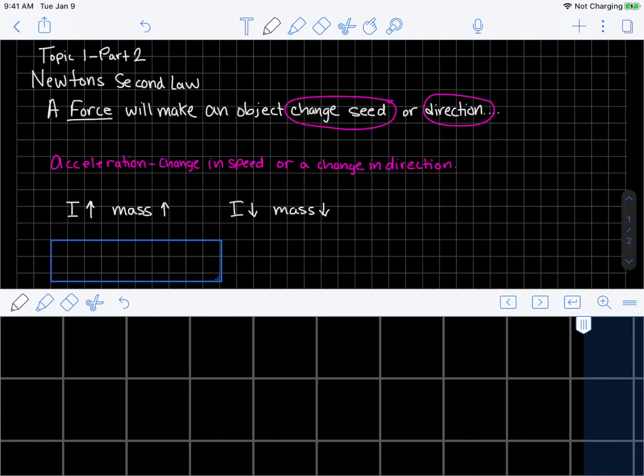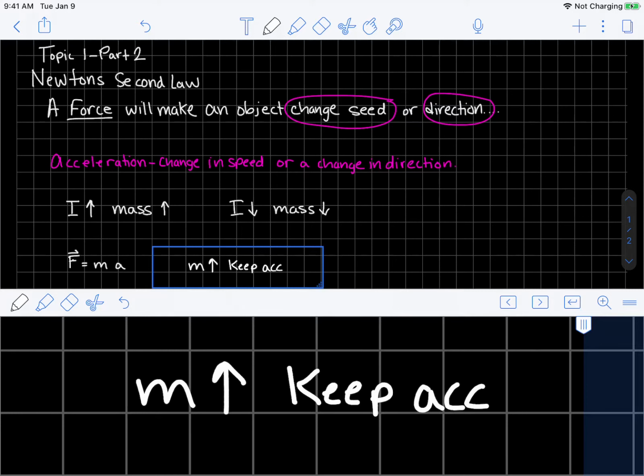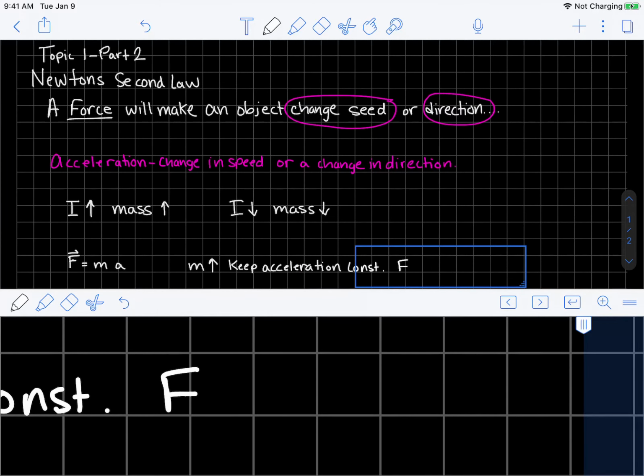So we can have a direct relationship with force here. The force of an object, because it equals mass times acceleration, if I increase the mass and I keep acceleration constant, then my force will increase.